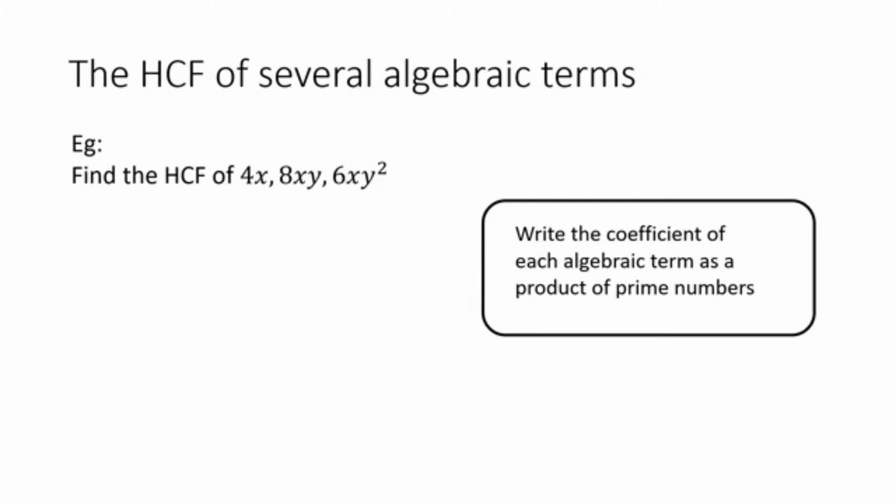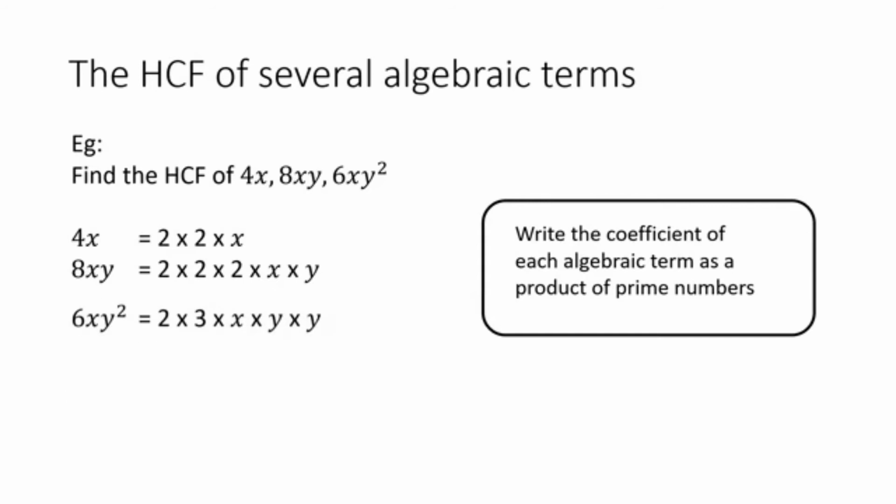Right? The coefficient must be written in terms of the prime factors and the algebraic terms can be written as it is. Now look at this. 4x, you know 4 is 2 into 2 into x, and 8 can be written as this. Now x and y I have written as a product, and then 6xy squared can be written like this.